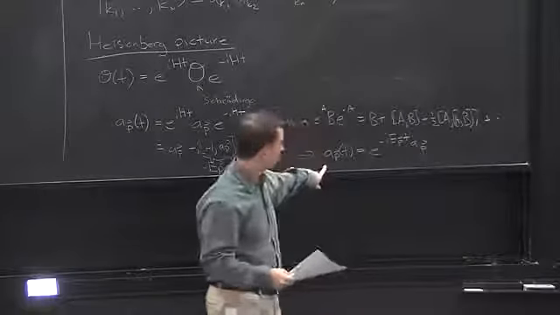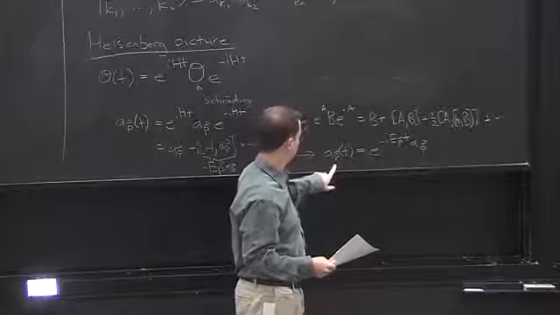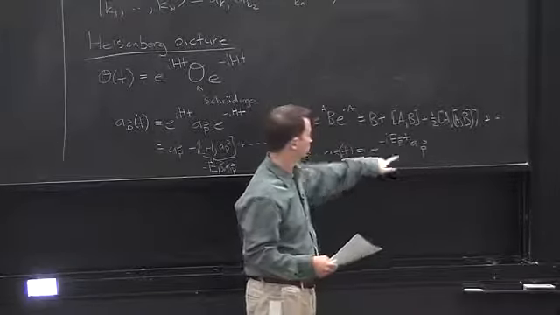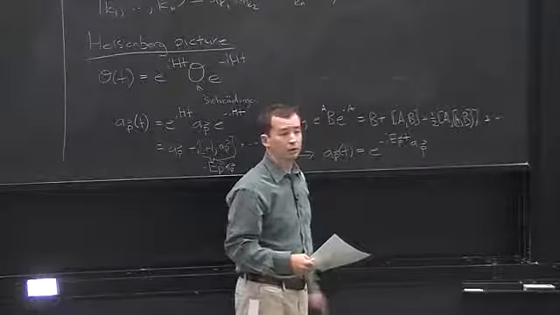So the annihilation operator in the Heisenberg picture just evolves with a phase compared to the annihilation operator in the Schrodinger picture.